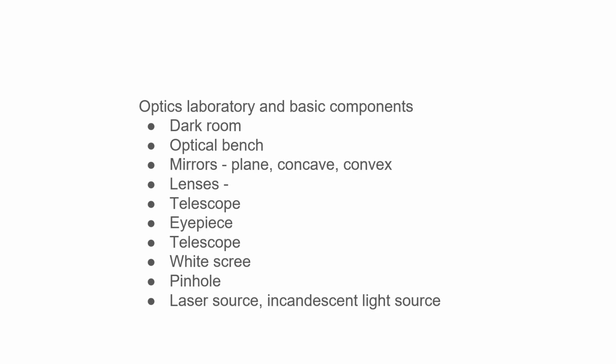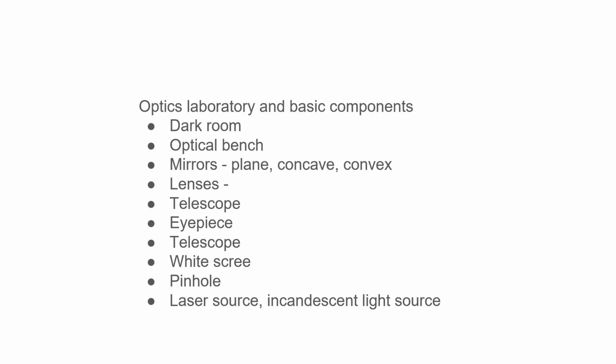Mostly we see spectrum or we use light in optics, of course. So preferably many times we need a dark room to be able to see those spectrums, and we need an optical bench to keep our optical components. There are various kinds of mirrors: plane mirror, concave mirror, convex mirror. Similarly, concave and convex lenses.